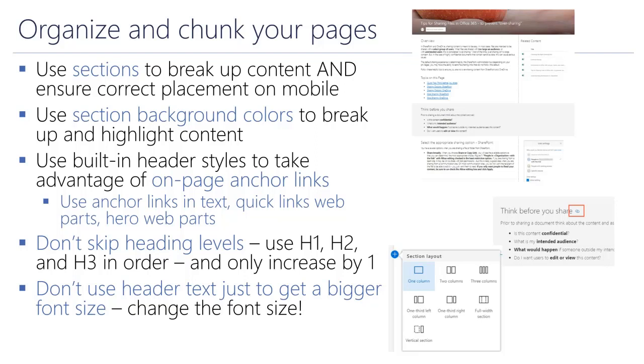One of the reasons you want to do that is that when you use columns on SharePoint pages, that is going to dictate how those pages respond on a mobile phone. And so each section is responsive within the section. Basically the way things work, it's top to bottom, section one, then section two, then section three, and within a section, the way that pages respond is left to right, column by column.